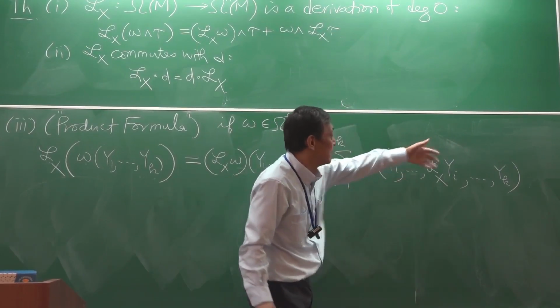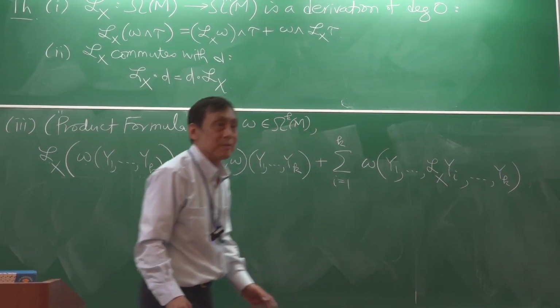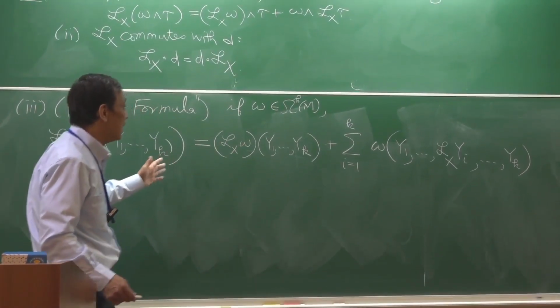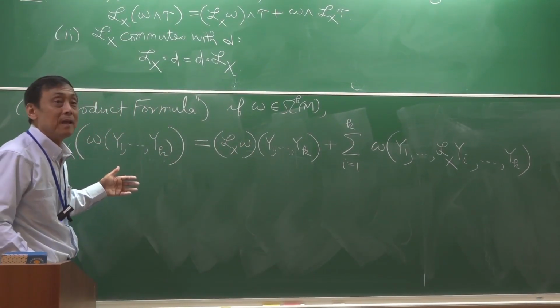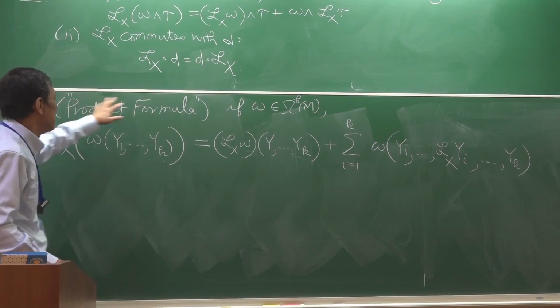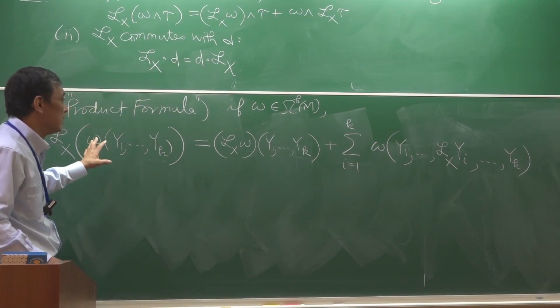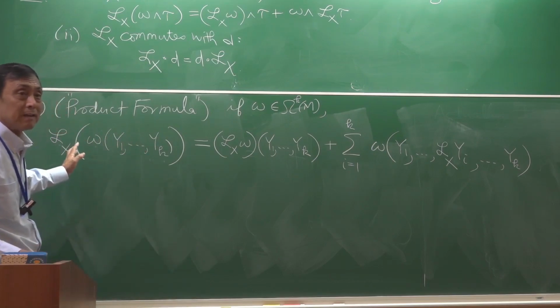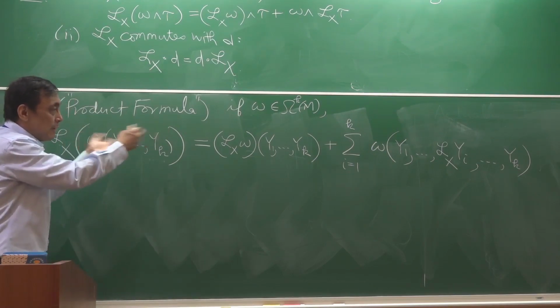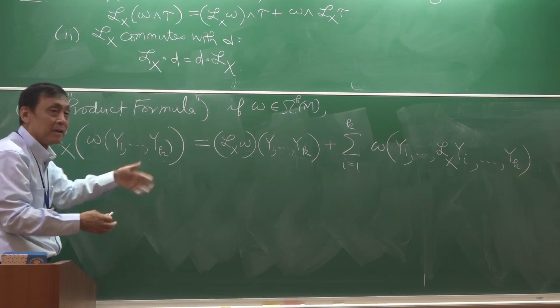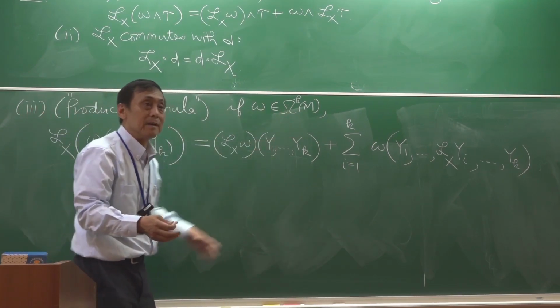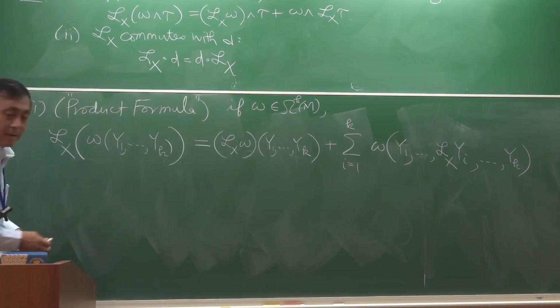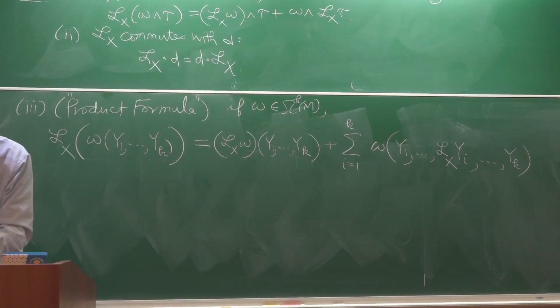So you have k terms because you take the Lie derivative of the k arguments one at a time. And that's the formula. So I put quotation marks around the product because omega applied to this is not really a product, but it almost looks like the product formula. You differentiate each factor one at a time. So that's what I call the product formula.